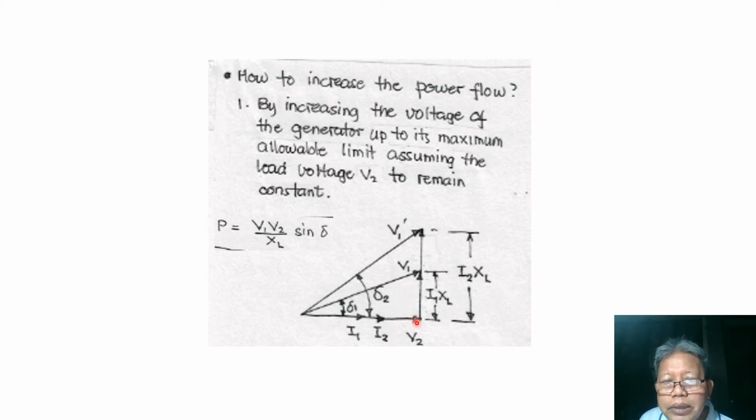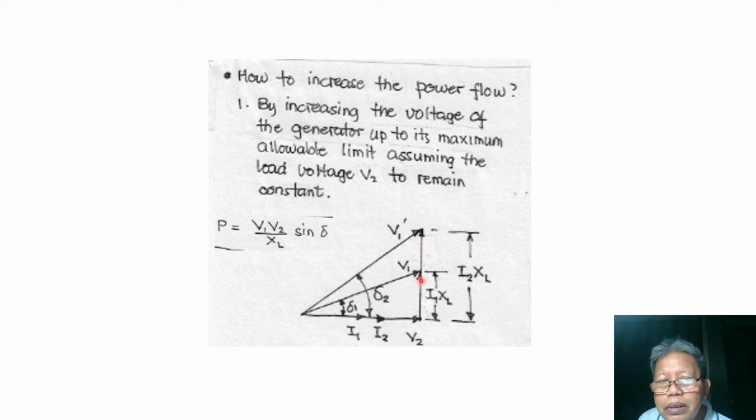Now, since we want to increase the power generated by our generator, while maintaining the voltage at bus 2 the same as before, the tip of V1 can only move along this line, with constant V2.